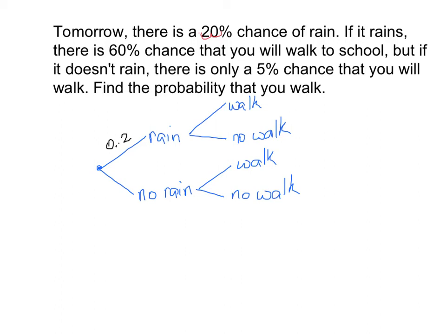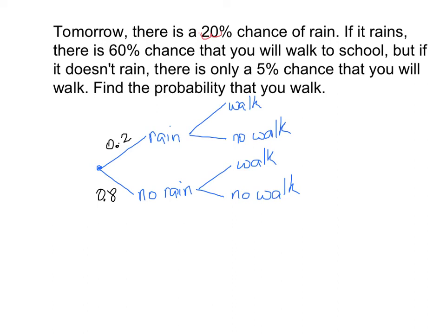Now, if the chance of rain is 0.2, then the chance of no rain is everything else out of 1. So when you add up your set of branches, please make sure you get one whole. So even though the question didn't say the chance of no rain is 80% or 0.8, you know it's everything else. Okay, so now if it rains, the chance that you will walk is 5%.